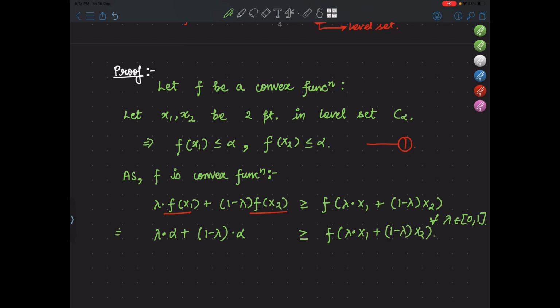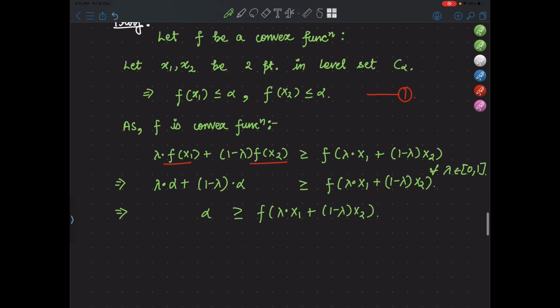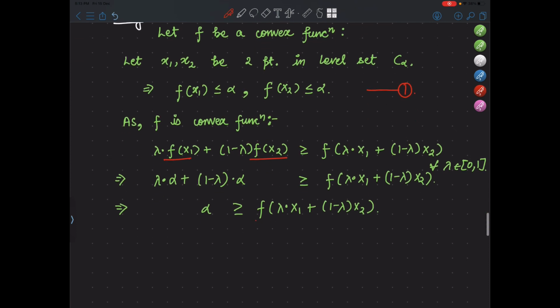We can write that, which you can see lambda alpha gets cancelled and what remains is only alpha. So alpha is greater than or equal to f of lambda times x1 plus 1 minus lambda times x2, and this is true for all lambda belonging to 0 to 1.